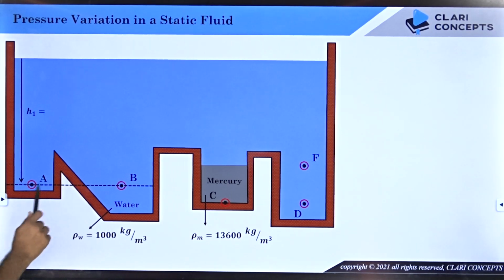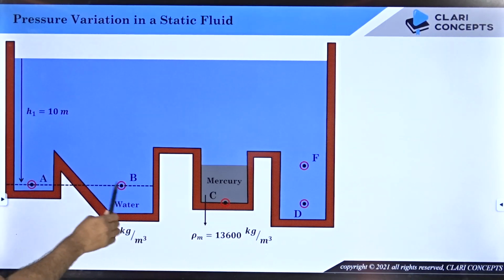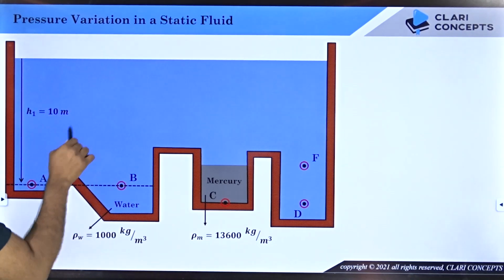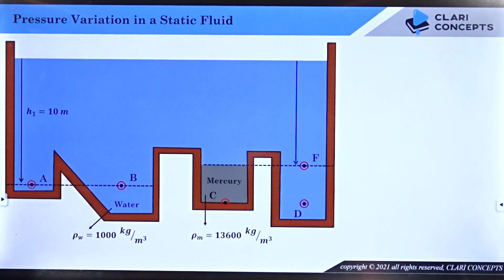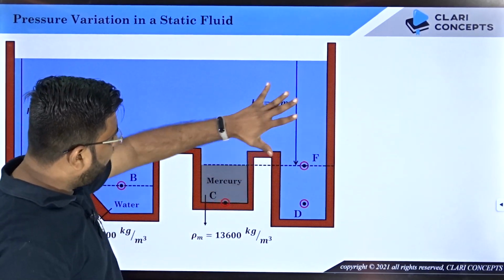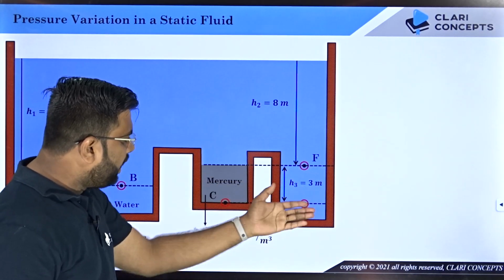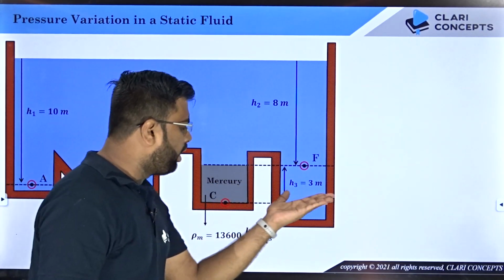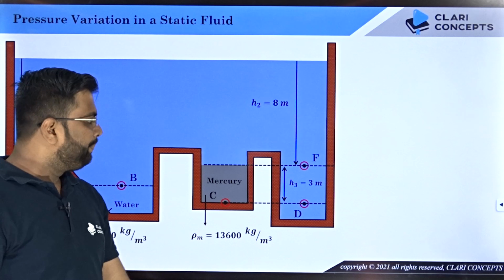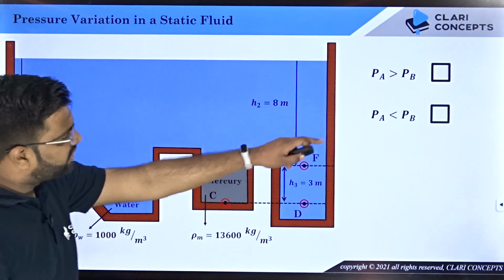So let us say points A and B are on the same horizontal plane, and the depth of both of these points from the free surface of water is 10 meters, okay, and now point F is located at a depth of 8 meters, and then the depth between F and D is 3 meters, and D and C are also located on the same horizontal plane. Now if I ask you, between point A and B, which one of these is the correct answer?